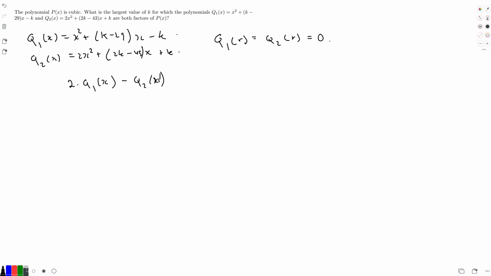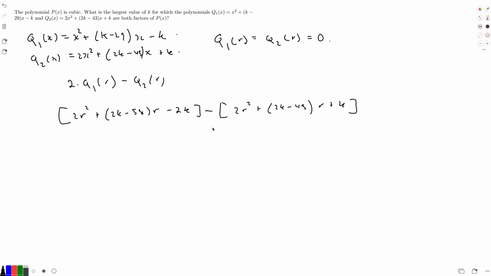So this gives us 2r squared plus (2k minus 58)r minus 2k, minus q2, which is 2r squared plus (2k minus 43)r plus k.